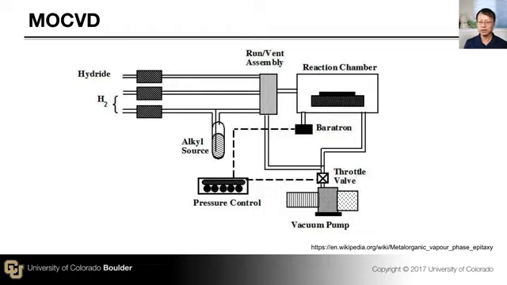So here's a schematic of a typical metal organic chemical vapor deposition system, an MOCVD system. Basically it's composed of the source. Here you have precursor materials and send them into a reaction chamber, where you have a substrate typically heated to a high temperature, so that the precursor materials that are delivered will come in contact with the substrate surface, which is at high temperature.